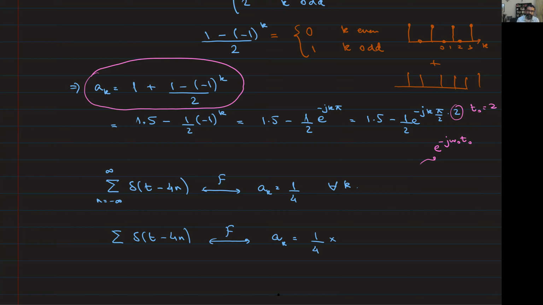So I multiplied by 4 and I multiplied by 1.5. So my conclusion is that for 6 times the summation of n delta t minus 4n, the Fourier series coefficients are AK equals 1.5.